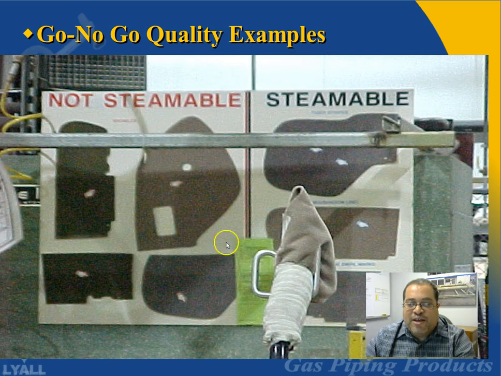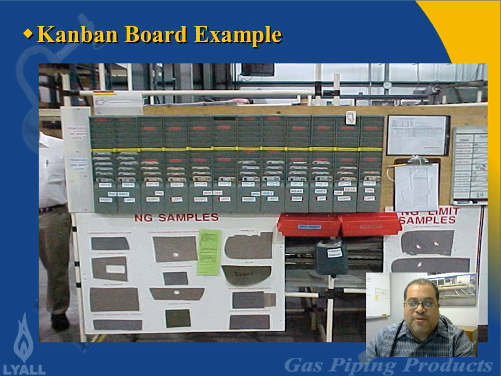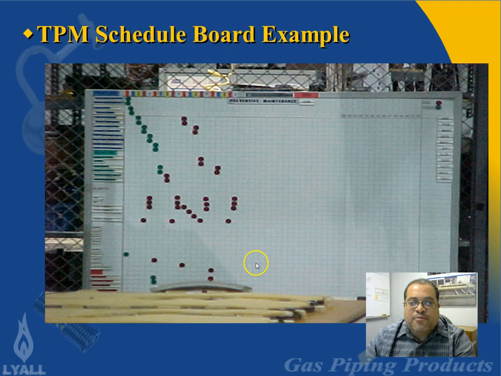They come up with a proactive board to display exactly which ones are which. And this is even better than a photograph. Having an actual physical example of good pieces and bad pieces is something that prevents a lot of mistakes in a manufacturing environment. Okay, so again, examples of no good samples, limit samples, that kind of thing, put together with other visual management tools.